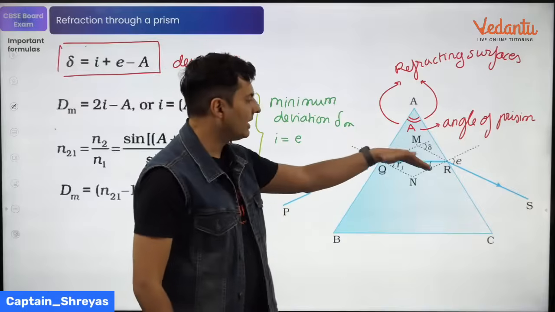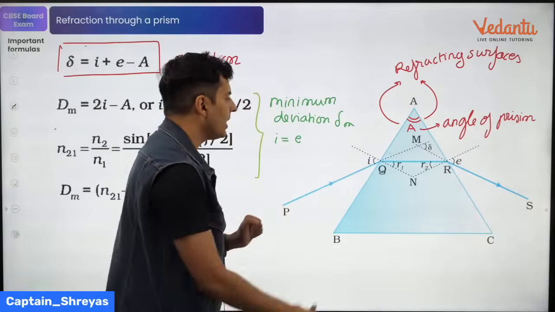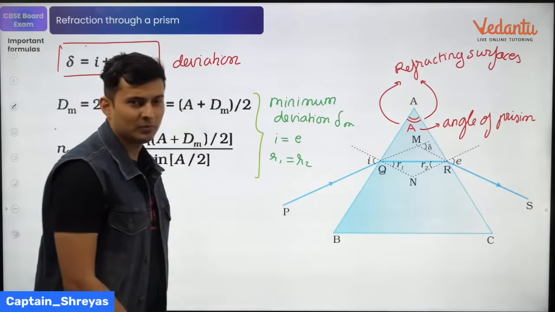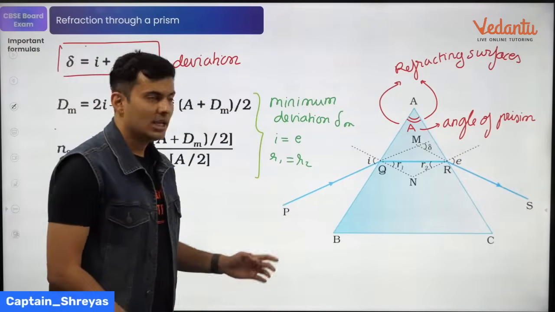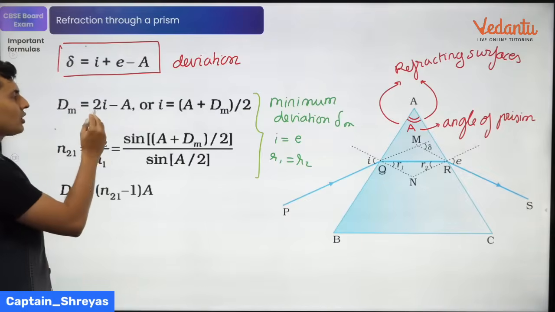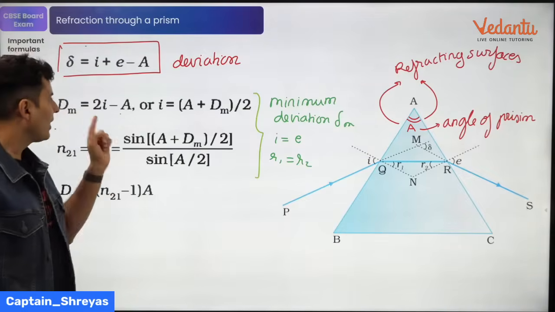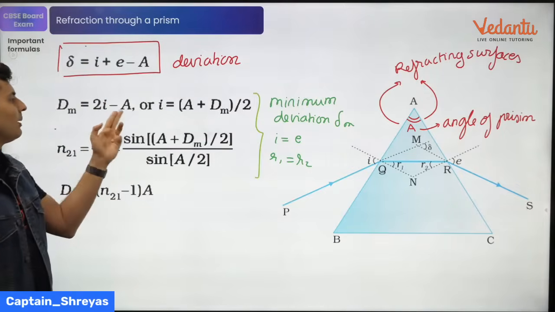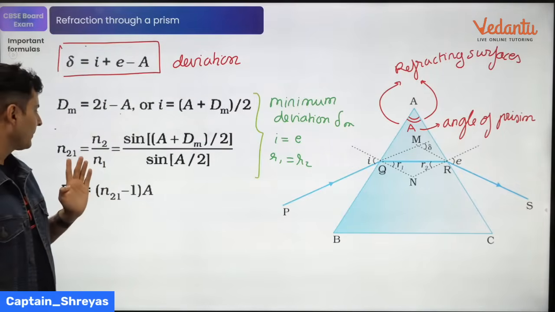So the rays are symmetric. I will be equal to E. In fact, R1 will also be equal to R2. Very important. In such a case, the angle of deviation will be 2I minus A, because I and E are both equal. As simple as that.